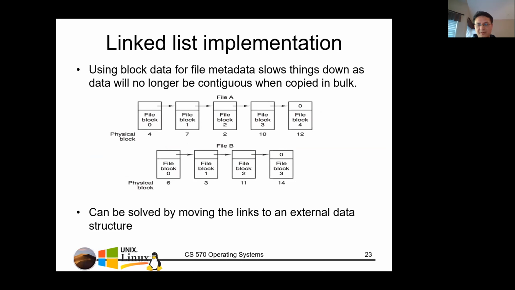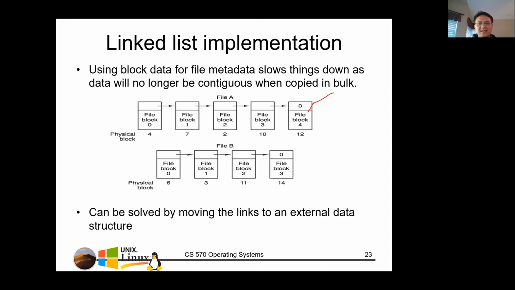What could be a problem here? If you're trying to access one of the middle blocks, do you have to iterate through the whole list, or even the ones at the end? That's correct. Thank you, Blake. That's exactly right.